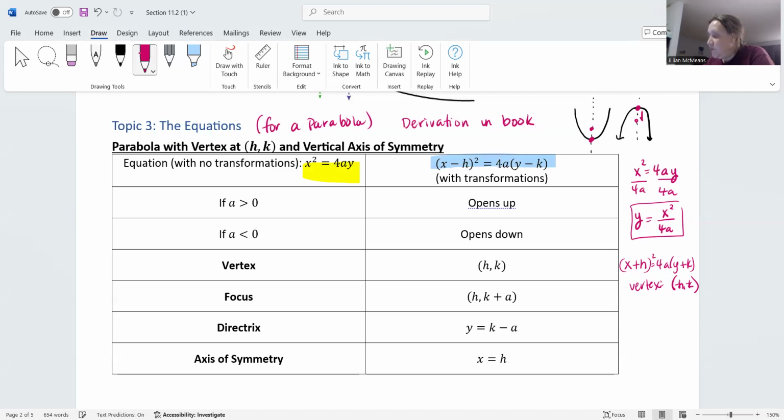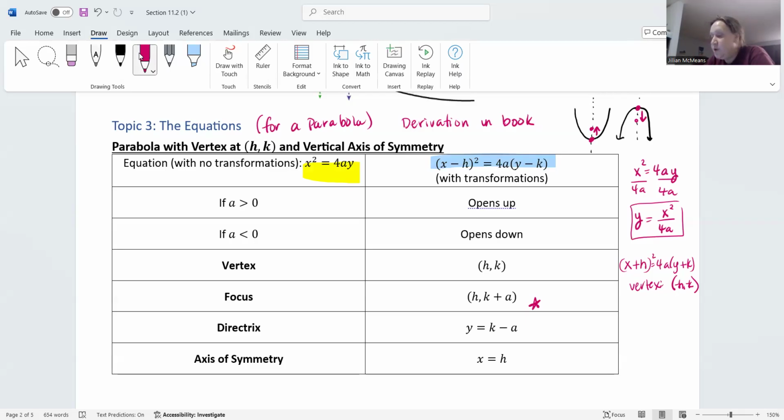To get to your focus from your vertex, you're adding or subtracting some value, and that value is a. Your vertex is whatever your h value is, so the x coordinate of your vertex doesn't change. The y coordinate of your vertex does. That's going to take you up or down into the parabola to get to that focus point.